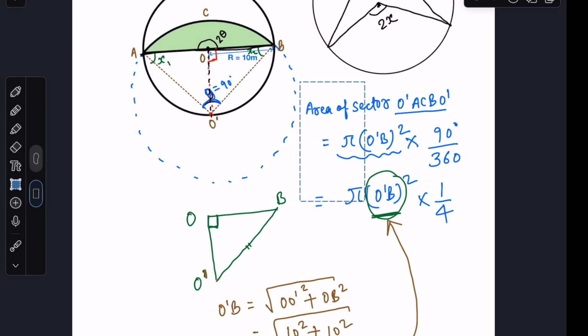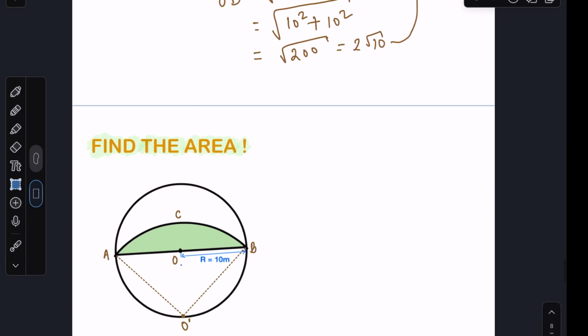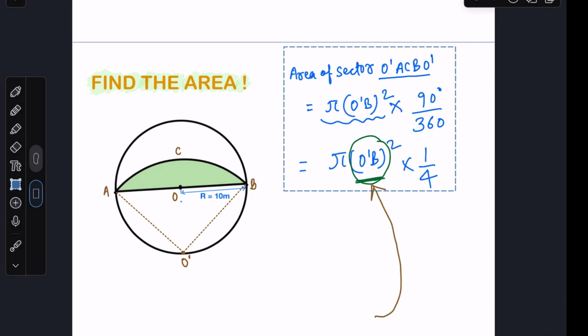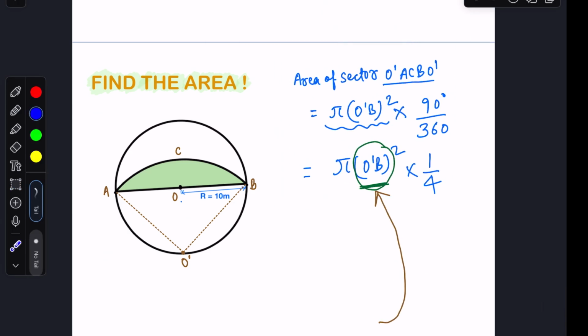Now we'll put O dash B here to calculate the area of this sector. So area of sector O dash ACBO dash is pi times O dash B, which is 10 root 2, squared, times 1 by 4.